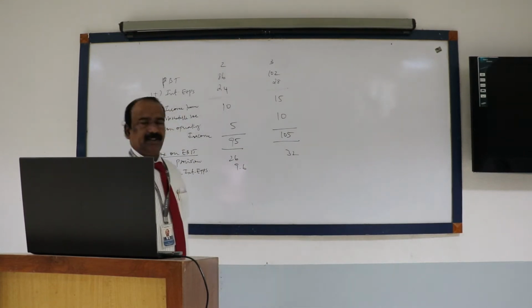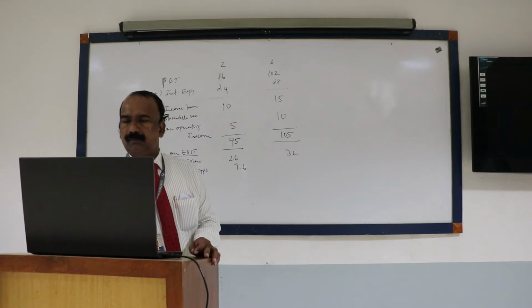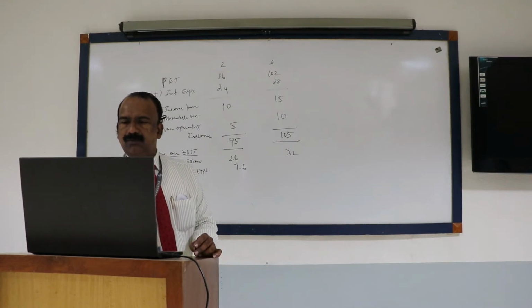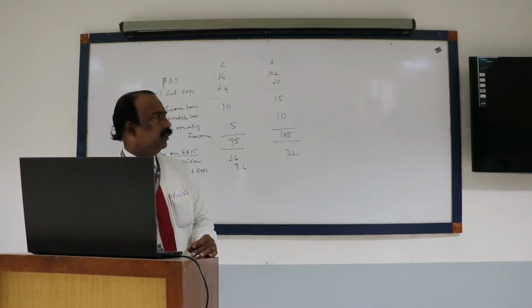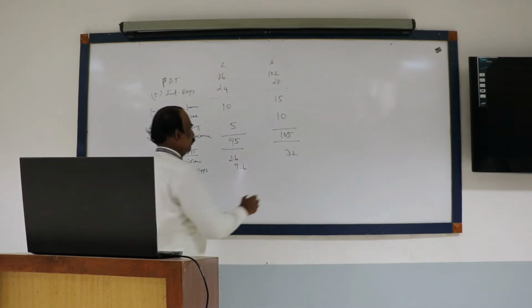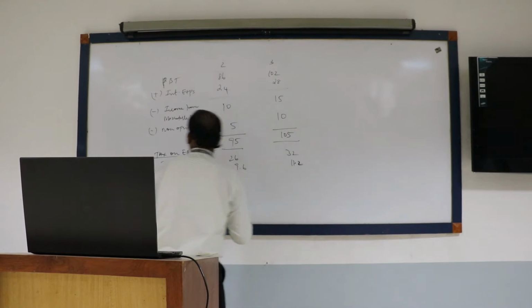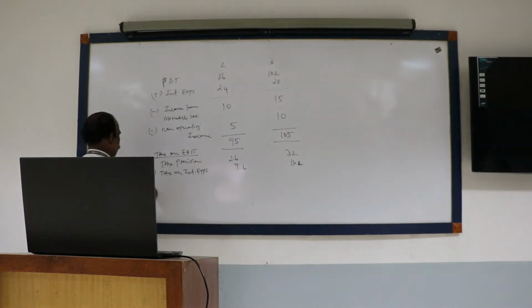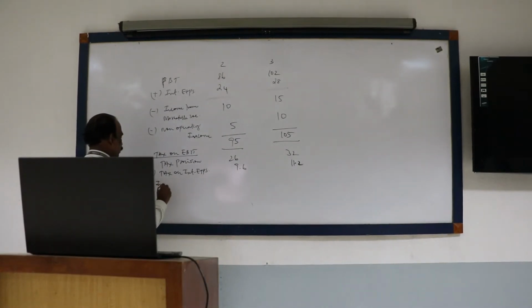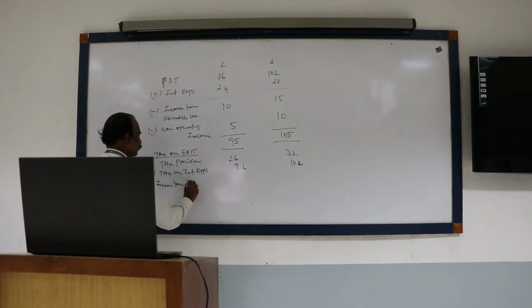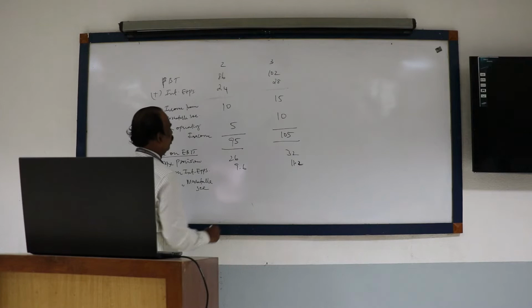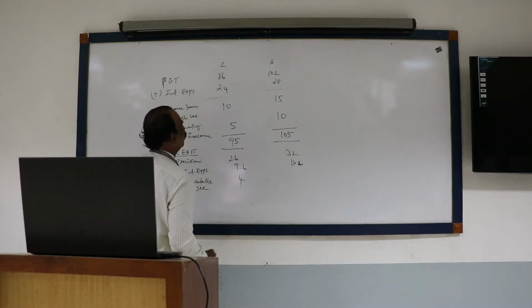40% on 28, 40% on 20. How much? 11.2. Then minus income from marketable securities. That is 40% on 10, that is 4.